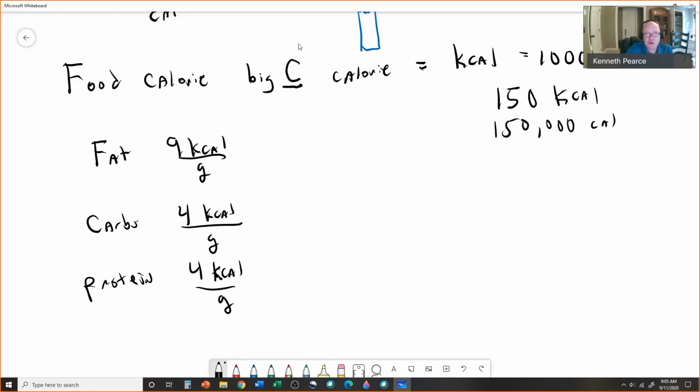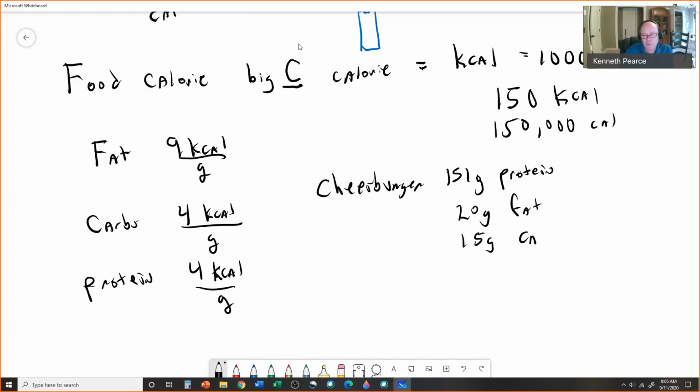So let's say we have a cheeseburger, and we're told that it has, let's say, 451 grams of protein, and it also has, let's say, 20 grams of fat, and let's say 15 grams of carbs. We can figure out how many kcals are in that cheeseburger. And it's real easy.